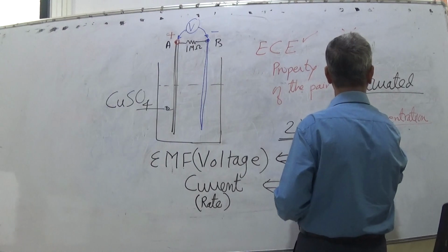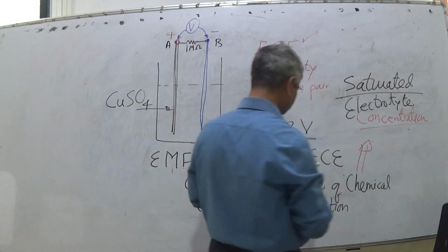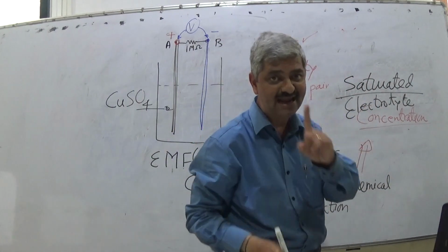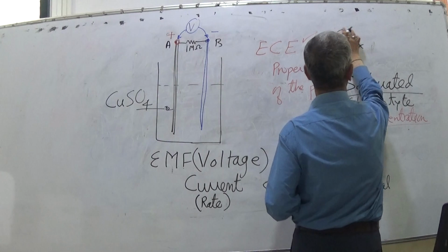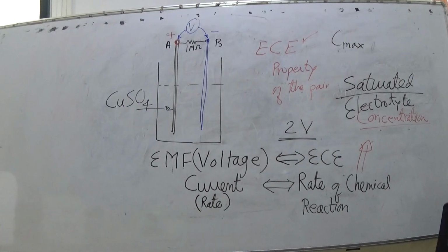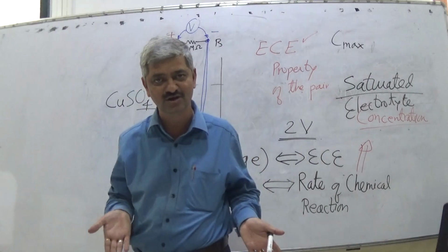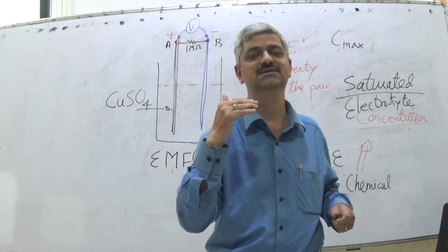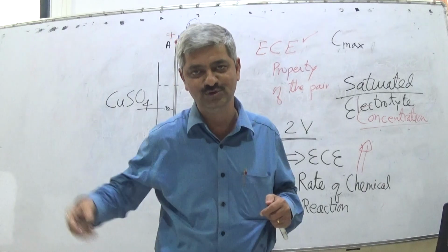So because of saturated electrolyte, there is a finite limit of concentration, Cmax. Finite limit on concentration of electrolyte means, if you take 1 liter of water, in that water you can put 10 gram of copper sulfate, it will dissolve. 10 more gram, 100 grams, it will dissolve, but there is some limit, so say it is 20%, so 200 grams it will dissolve, but if you put more, it will not dissolve.